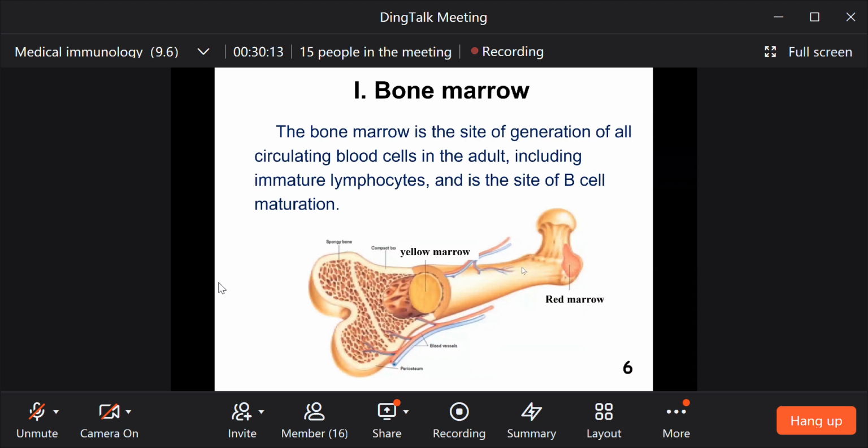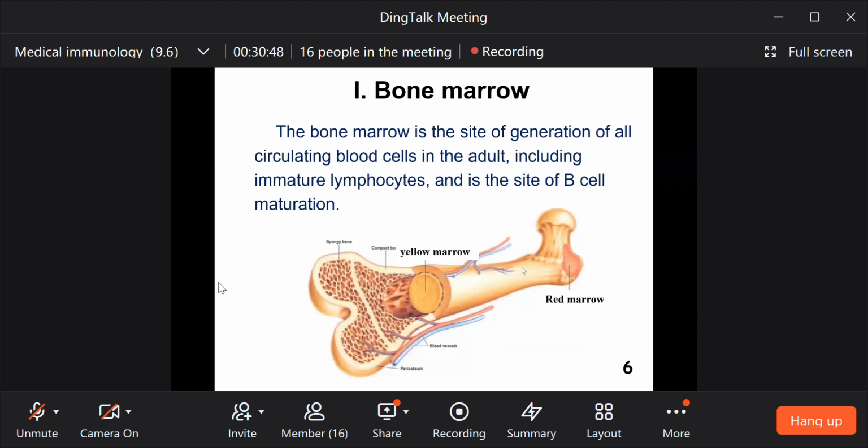It's not empty, right? However, the marrow possesses two kinds: the yellow marrow and the red marrow. Actually, only the red marrow performs the function of hematopoiesis, and the yellow marrow means it's substituted by adipose tissues.